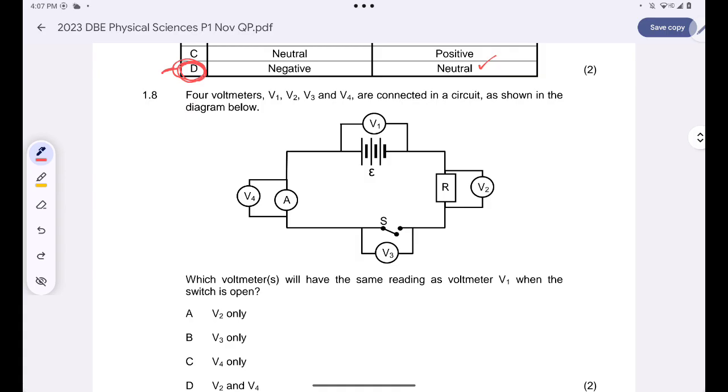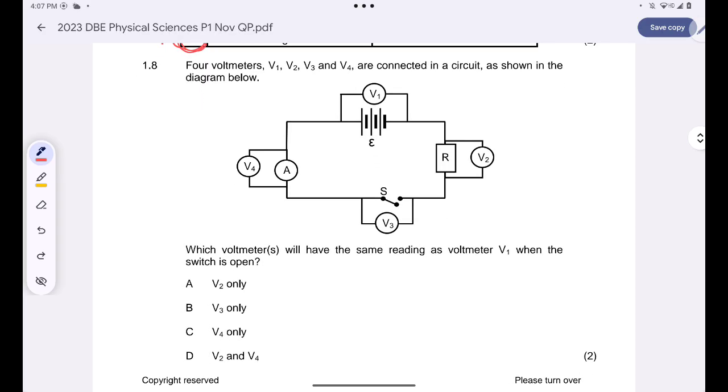So it's not V3, rather, excuse me, my answer is C. It's only this one. Are you together? Because the current was supposed to go like this. But now whenever the switch is open, this voltage will be the same as our V1 here, and that's the only voltage which will be equal to V1.